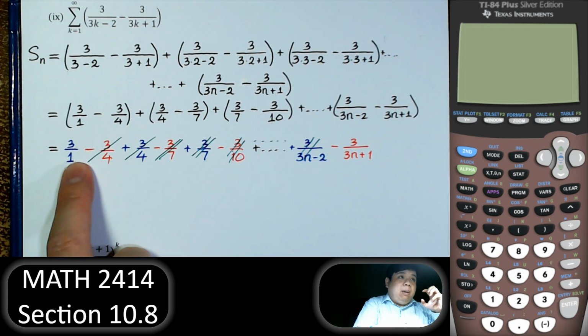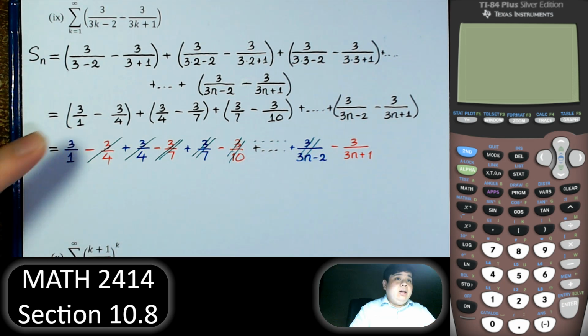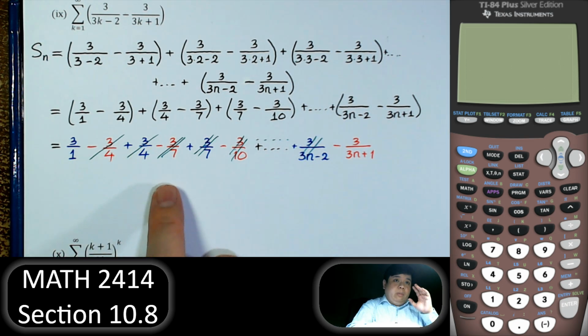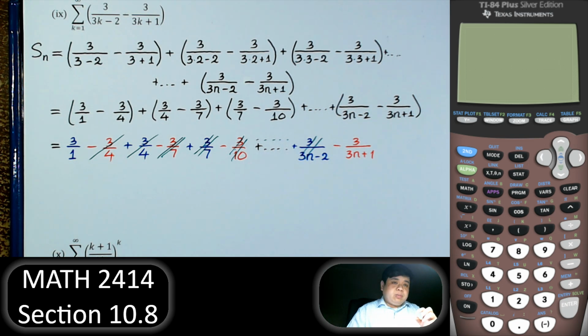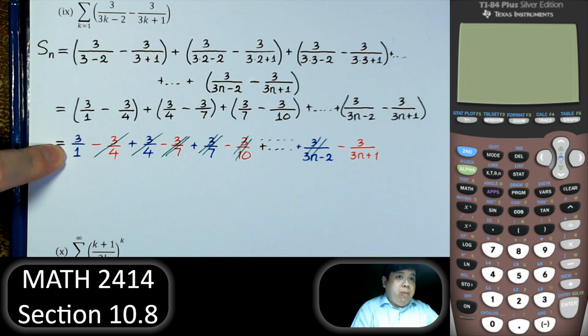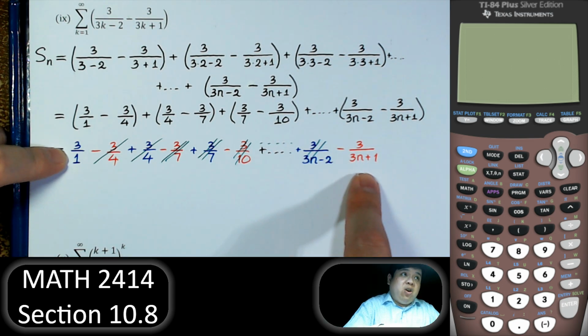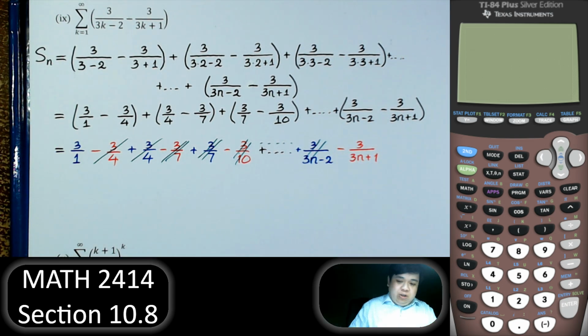We are left with one plus sign from the first term. If we are left with one positive at the beginning, at the end we have to have one more term that is negative, right? Because every time we cancel, a positive and a negative cancel out. Since one positive term remains on the first term, we need one negative term to remain on the last term. So that is equal to this.